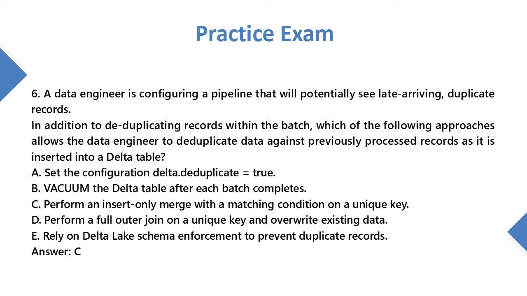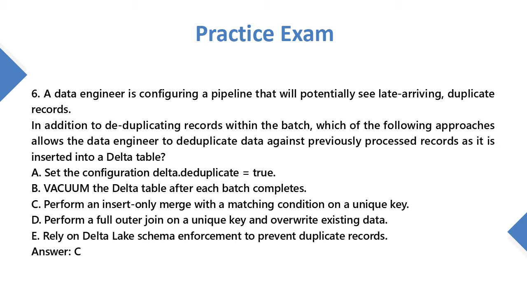6. A data engineer is configuring a pipeline that will potentially see late arriving, duplicate records. In addition to deduplicating records within the batch, which of the following approaches allows the data engineer to deduplicate data against previously processed records as it is inserted into a delta table? A. Set the configuration delta.deduplicate equals true. B. Vacuum the delta table after each batch completes.